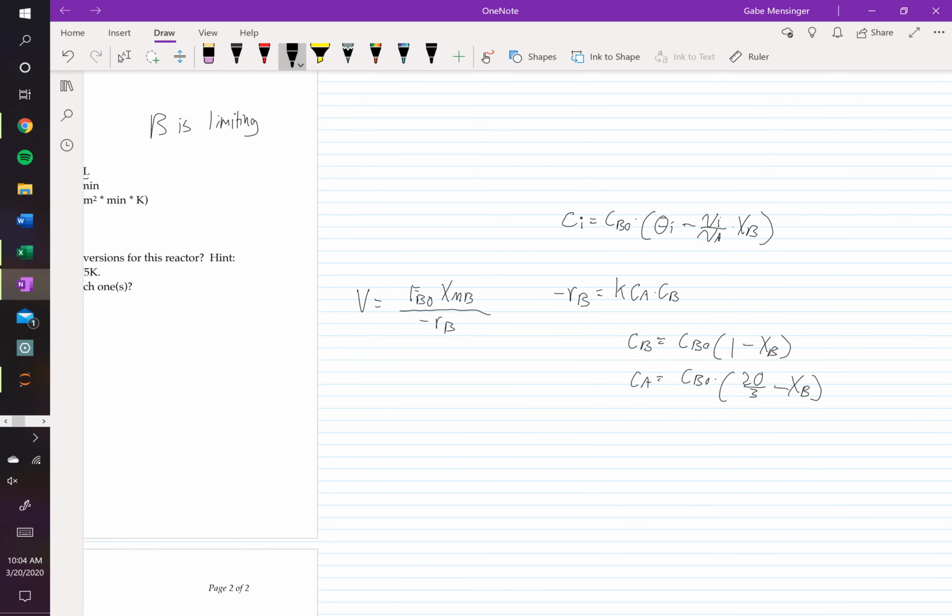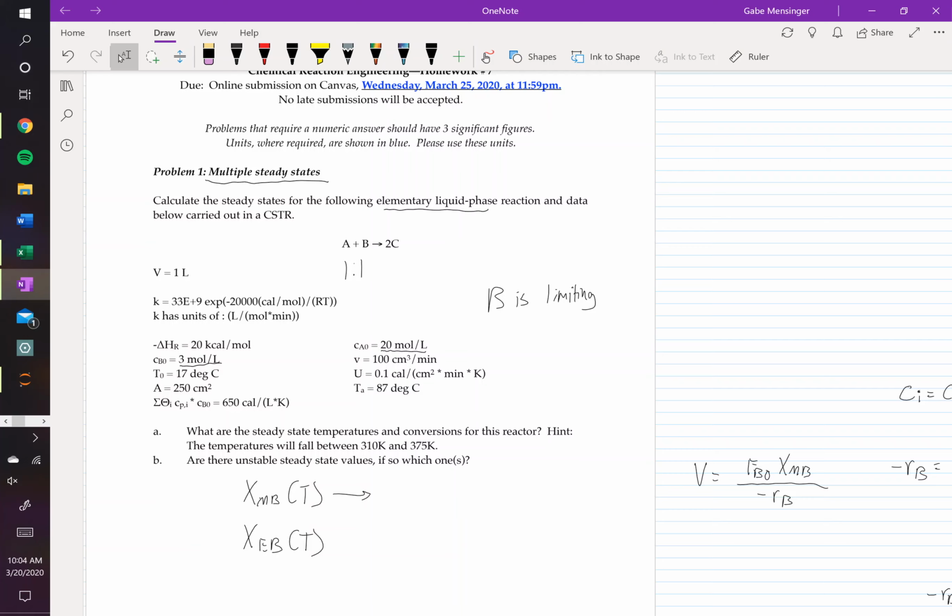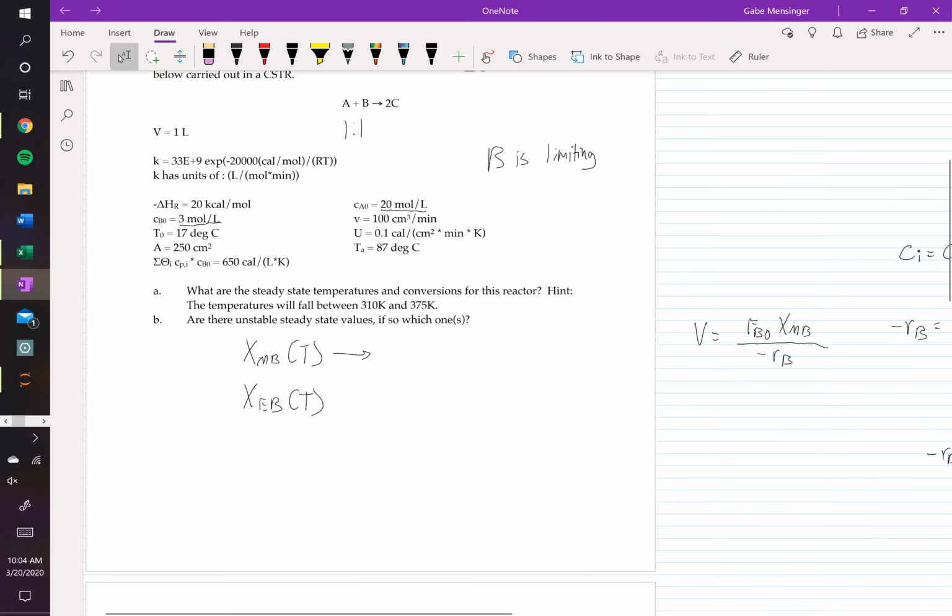So that's going to make minus Rb equal to K Cb naught squared times 1 minus xb times 20 over 3 minus xb. Let me just take a look at what we have. All right.